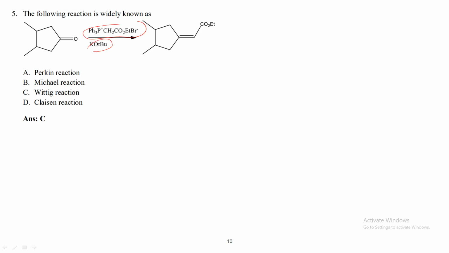So with this, this is nothing but a Wittig reaction, which is pretty well known and popular also. So it is Ph3P plus CH2, I'm writing like this. CO2Et, and we have the counter anion minus.